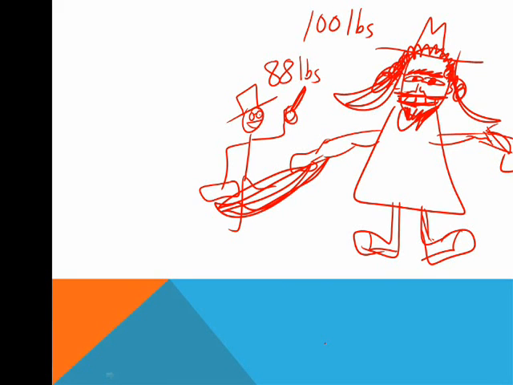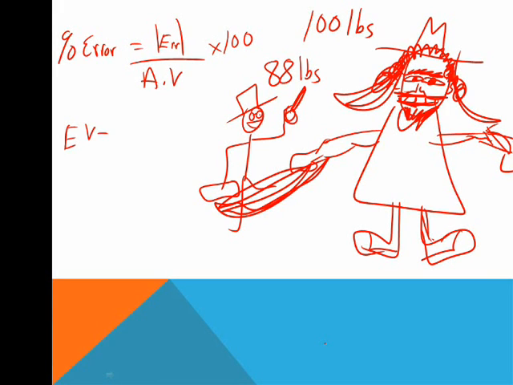So the percent error is the absolute value of the error over the accepted value multiplied by 100. The error is the experimental value minus the accepted value.